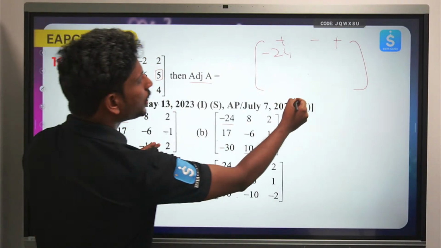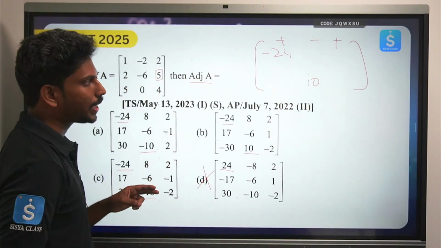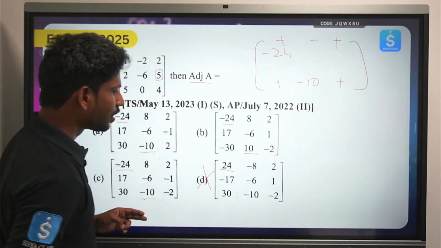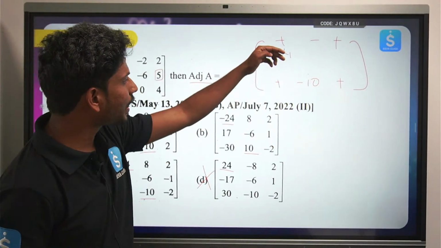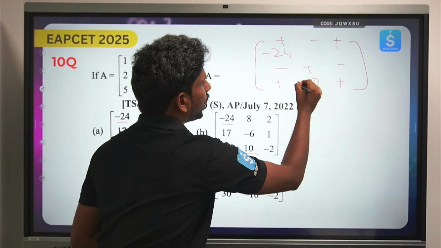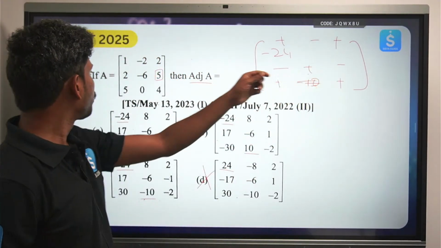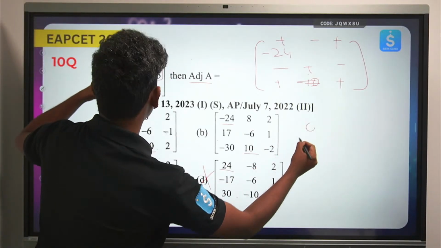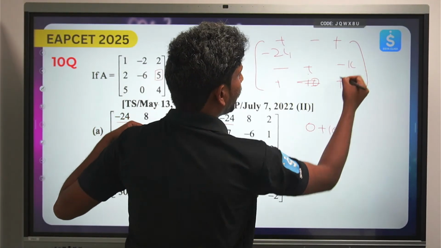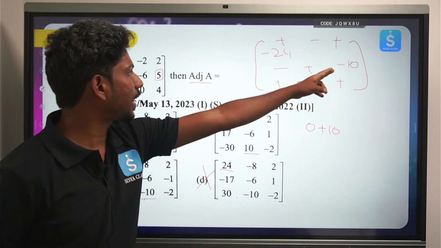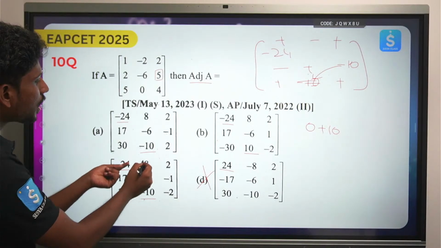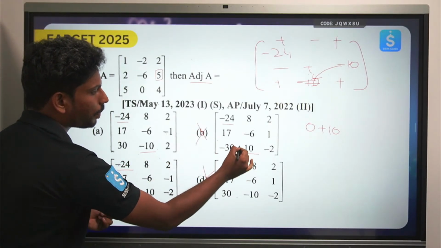So here the element will be plus 10, with the sign pattern plus minus plus, and again minus plus minus. Then multiplying 1 into 0 0 and minus of minus, plus 10, so plus of minus it will become minus 10. So here it will become minus 10, and if you take the transpose it will again be shifted here. So finally, this option is wrong because here there is plus 10.